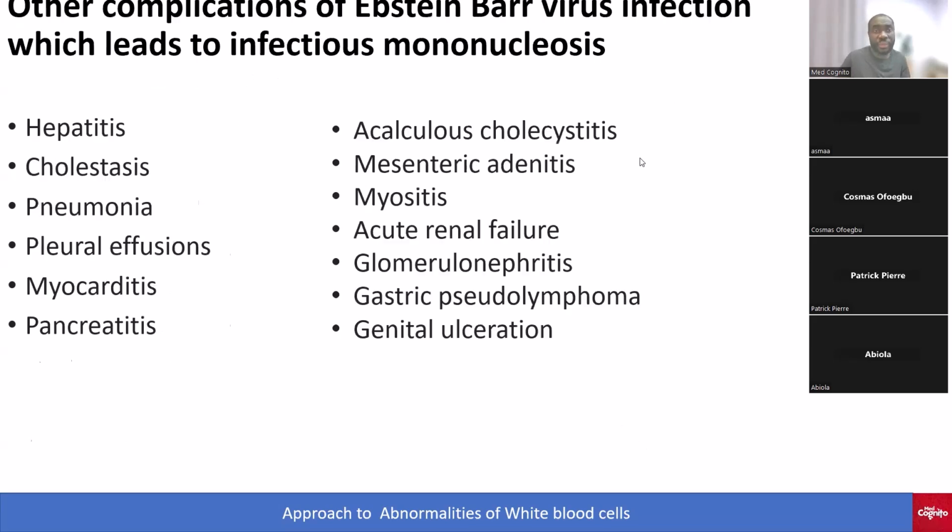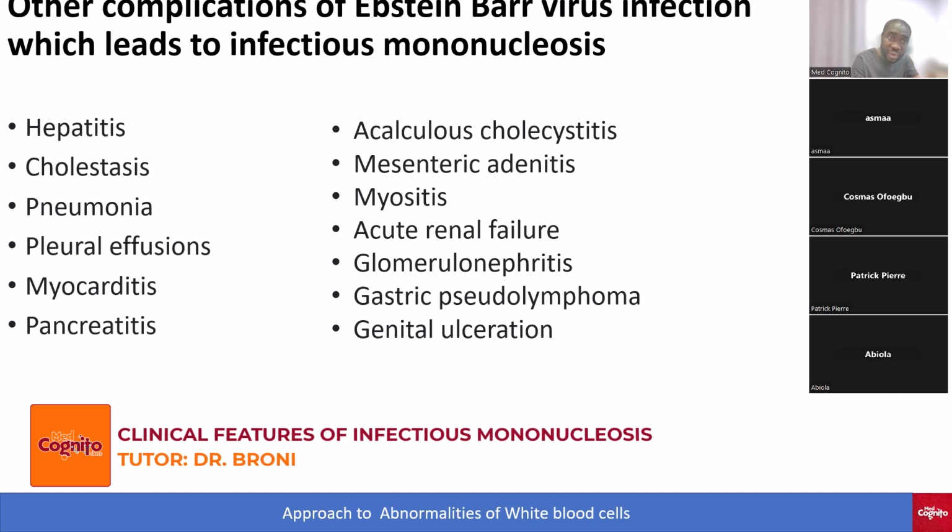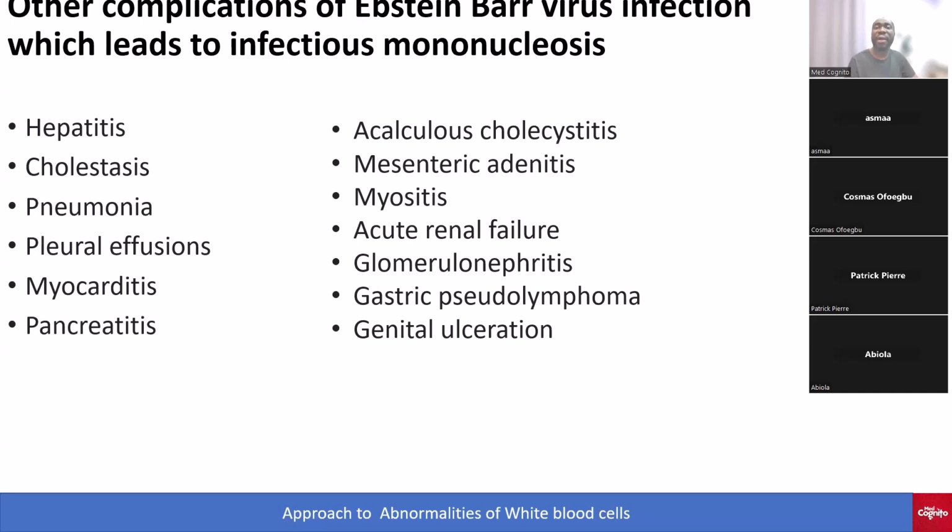Okay, yeah. Other complications of Epstein-Barr virus infection, which leads to infectious mononucleosis, can be hepatitis, cholestasis, pneumonia, pleural effusions, myocarditis, pancreatitis, acalculous cholecystitis, and mesenteric adenitis, which is the lymph nodes around the intestines. Also myositis, which is muscle inflammation, acute renal failure, glomerulonephritis, gastric pseudolymphoma, and genital ulcers.